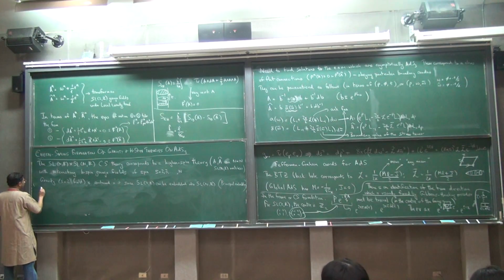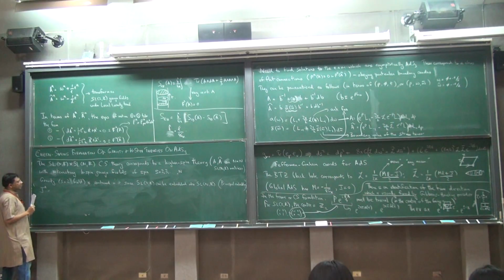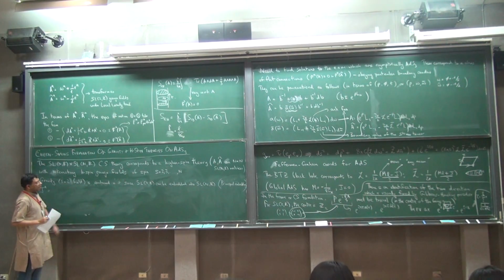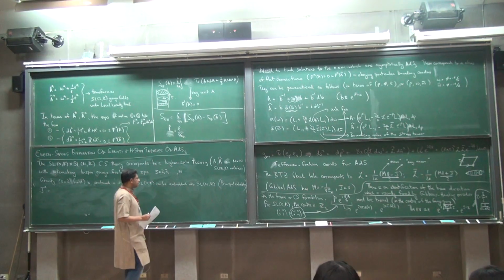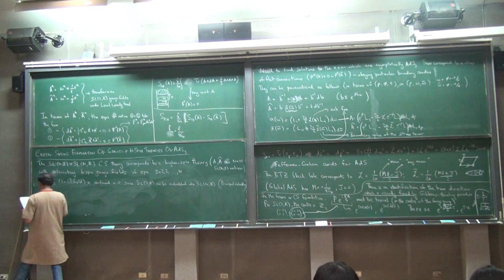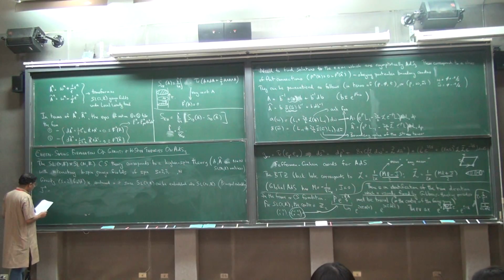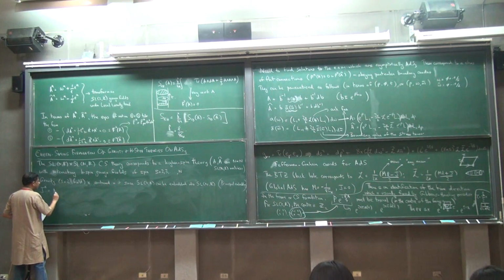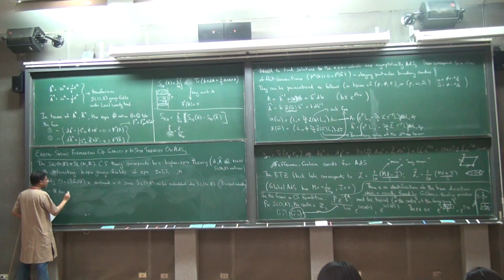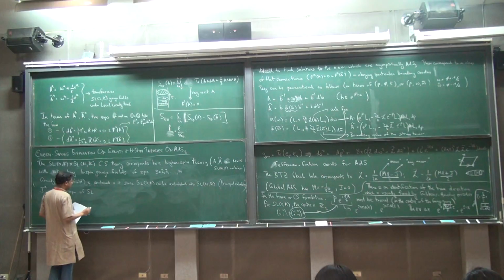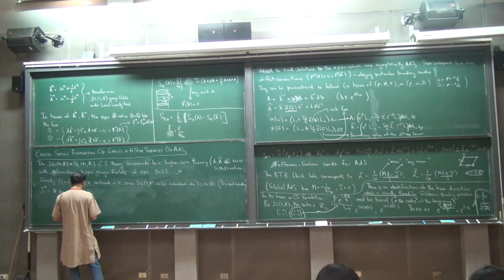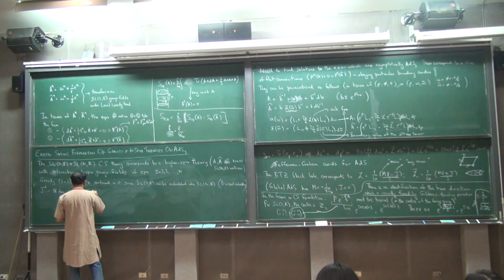So basically, you take these J's, which are the SL2R generators. So now let me just go back to the J's. So you take J to be in the n-dimensional representation of SL2R.